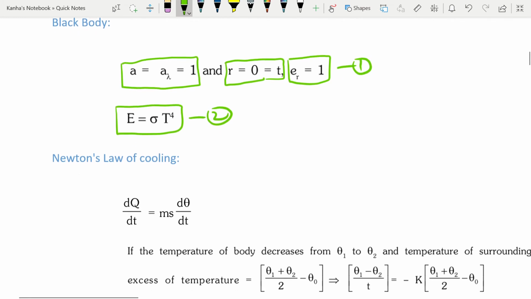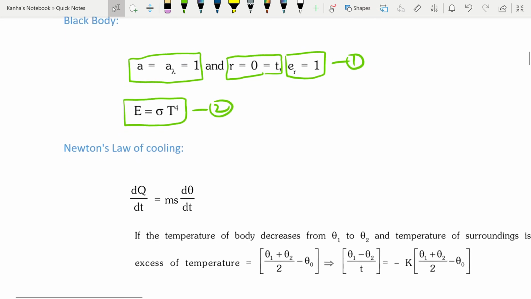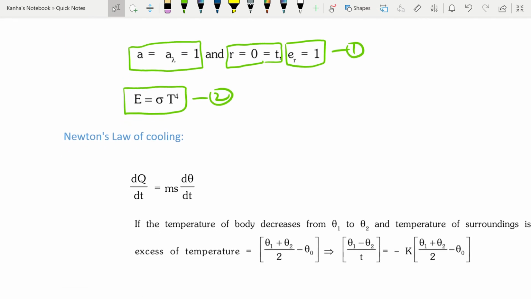I'll talk about black bodies a little more, but first let me tell you about Newton's law of cooling. What Newton's law of cooling says is that the rate of loss of heat, which is dQ by dt, is directly proportional to the excess of temperature of the body over that of the surroundings.